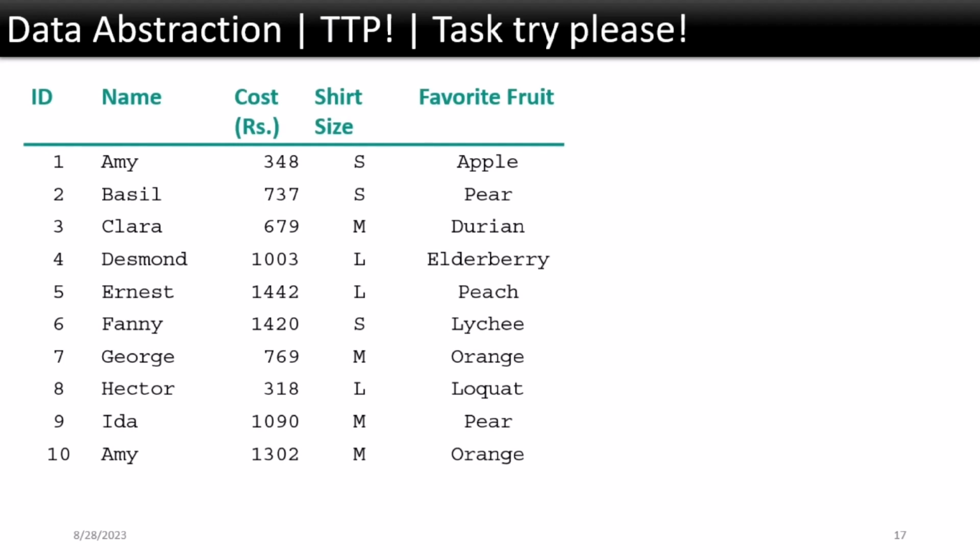Now we have all become experts of data abstraction. As we have seen the operations to do data abstraction, we will go with an activity on a table of data.